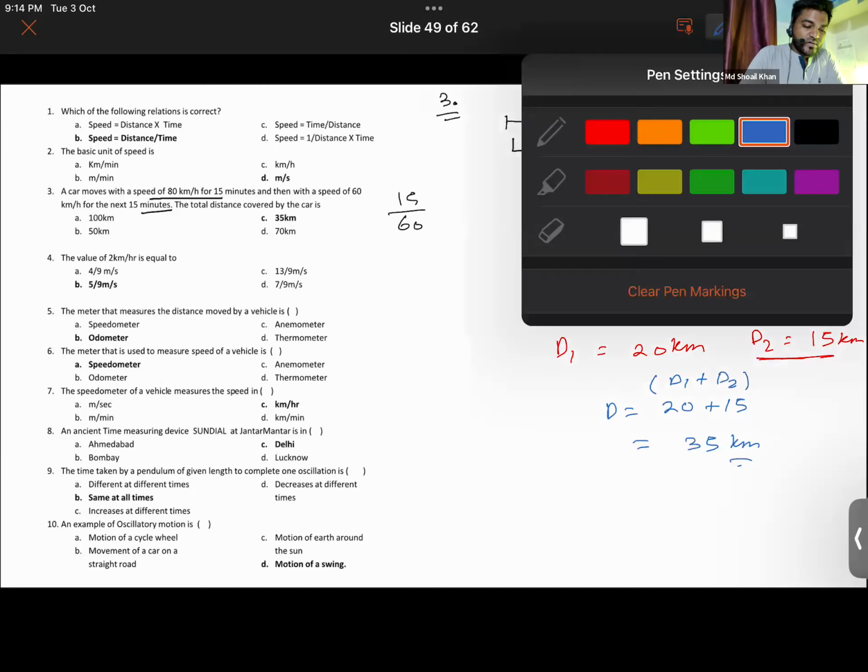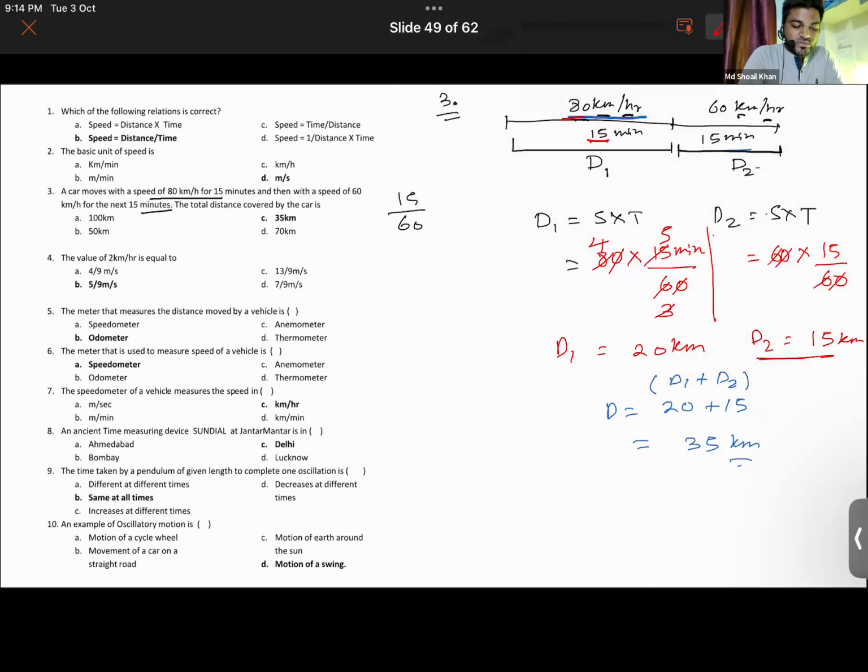Getting it now? Sundus, I believe you solved it using this method, right? Sundus, are you there or not? Is the method clear to all of you? Yes, sir, it's clear. Chakrika, is it clear?